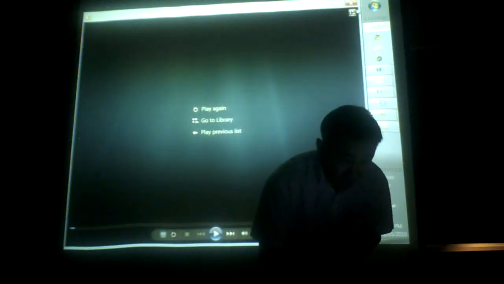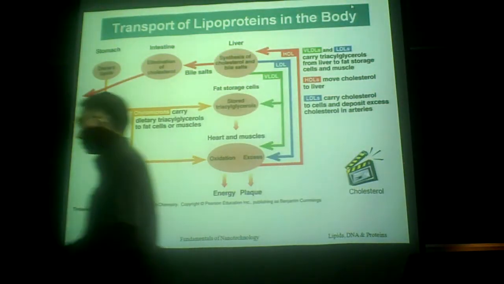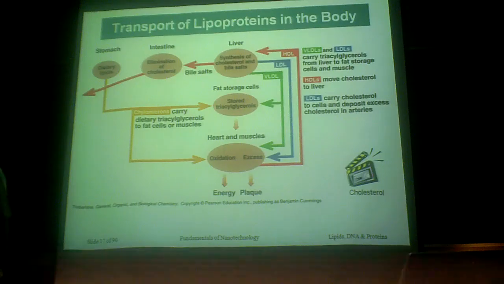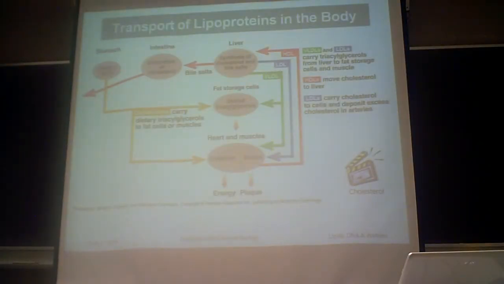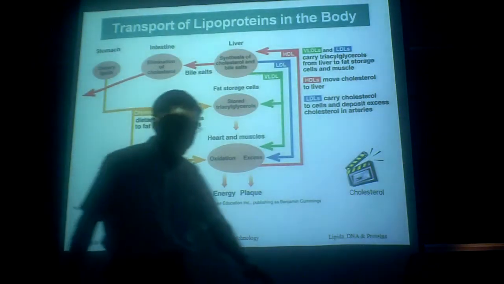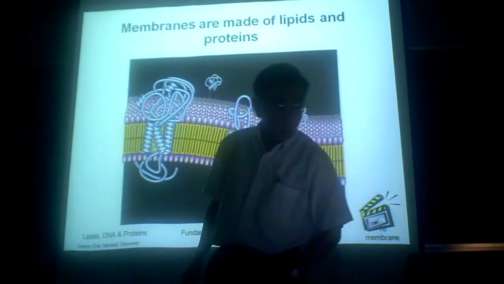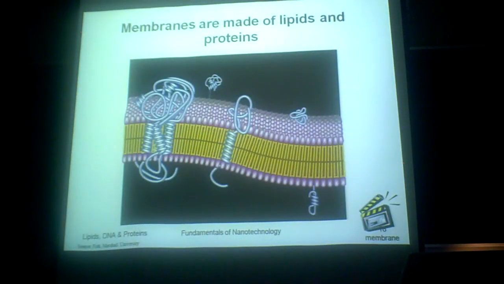Okay, so that's how these things are being recirculated in the lipid. Okay. So when you look at a membrane, the various components of the structure that I talked about are very important in forming this cell membrane, right? So cell membranes are basically made of various types of lipids, okay?